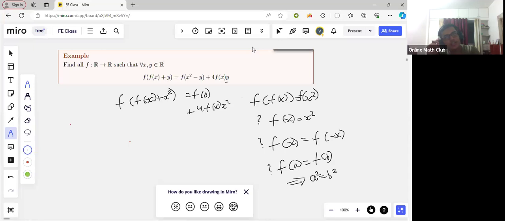So instead of looking at what substitution we can do, what terms do you think you can make cancel? What terms can you simplify over here? What values can you substitute to cancel?